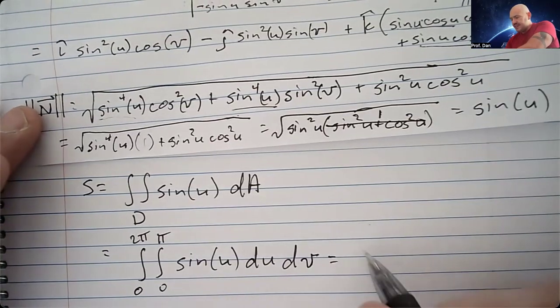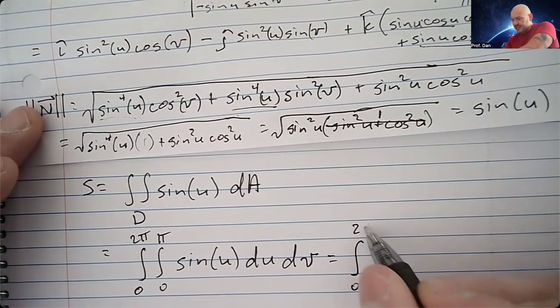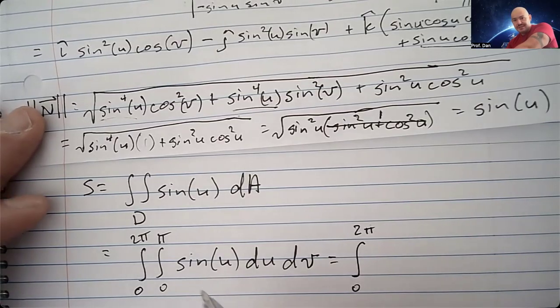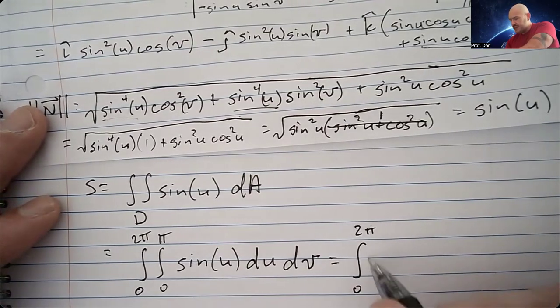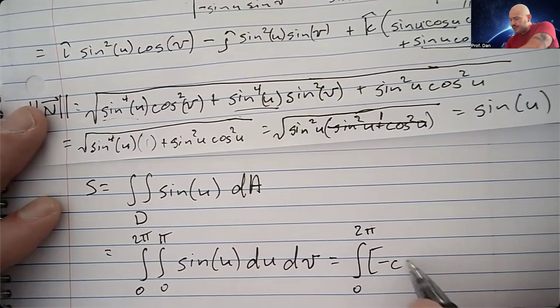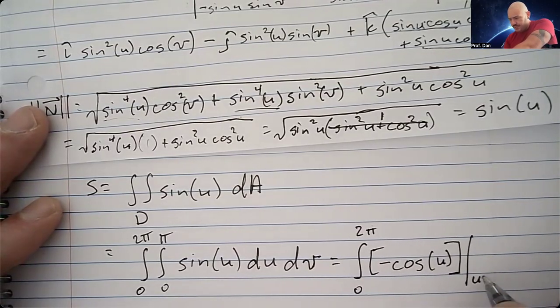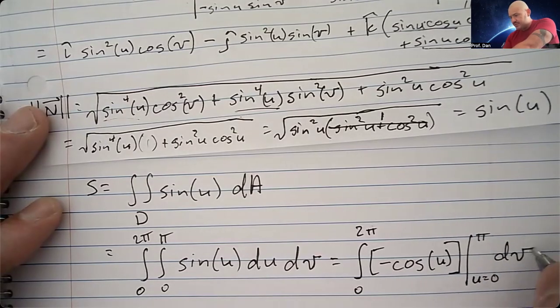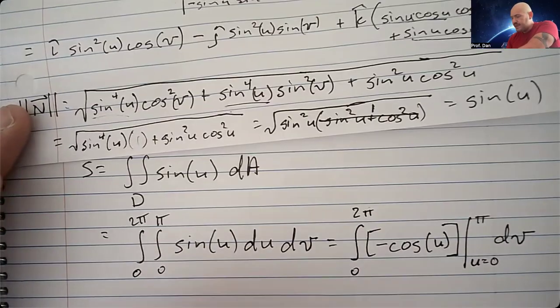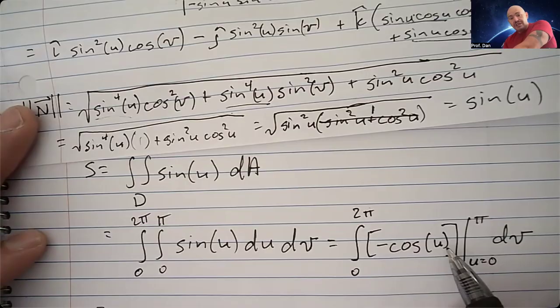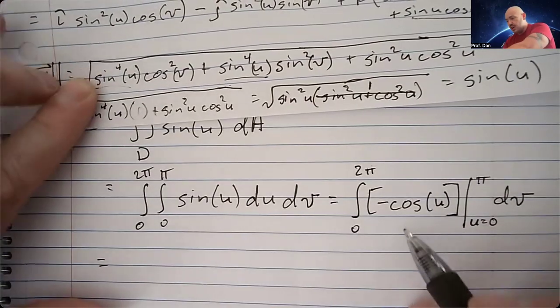Now, if I evaluate this integral, remember you start from the inside. Integral of sine is negative cosine. So the antiderivative will be negative cosine of u, and we're going to evaluate u from 0 to pi. Then integrate with respect to v. If I plug pi in, cosine of pi, we get negative 1 times the negative gives me just 1.